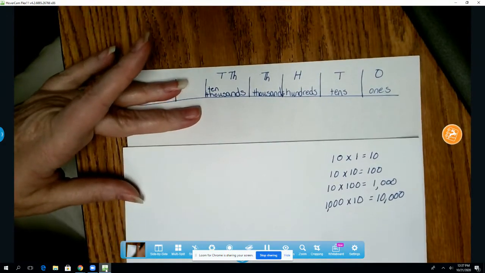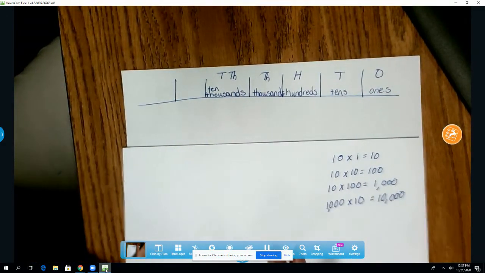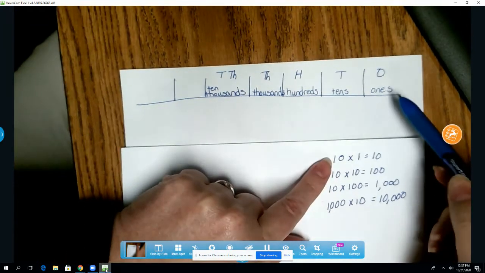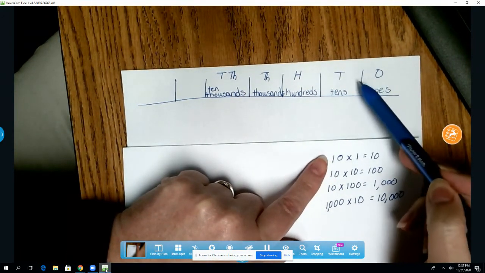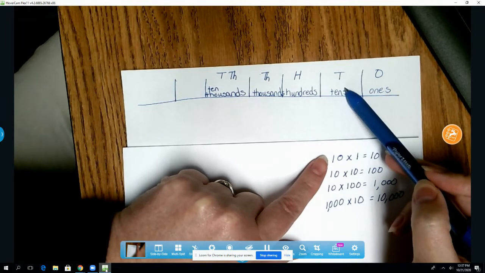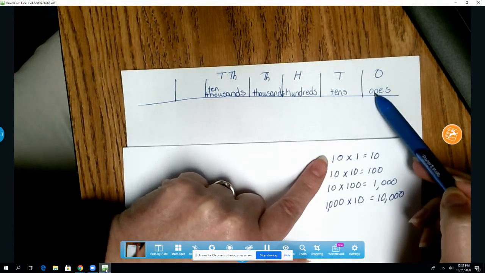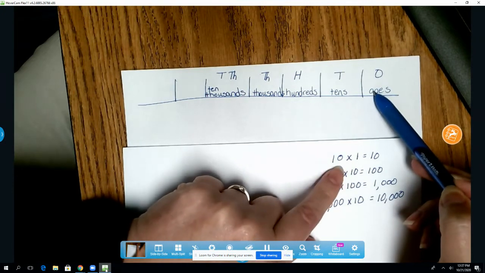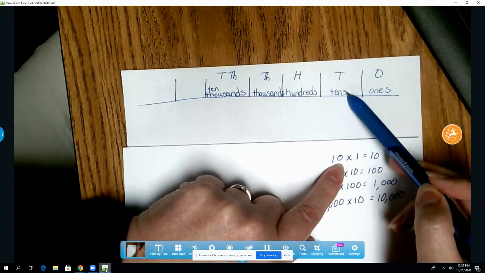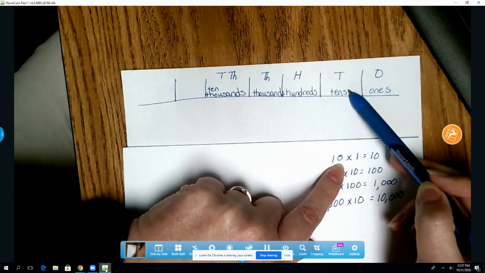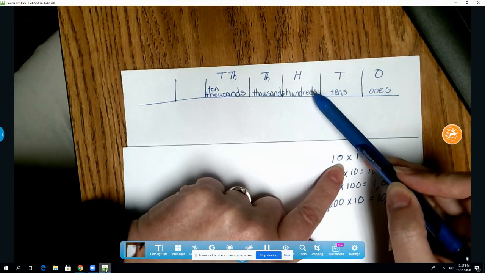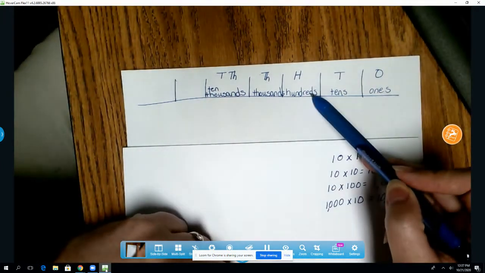is if we look at this with our place value chart, 10 times 1 is 10. So this place value is worth 10 times more than the ones place. And I know this because I multiplied it by 10 and got 10. So if I have 10 and I multiply it by 10, that equals 100, which is the next place value.